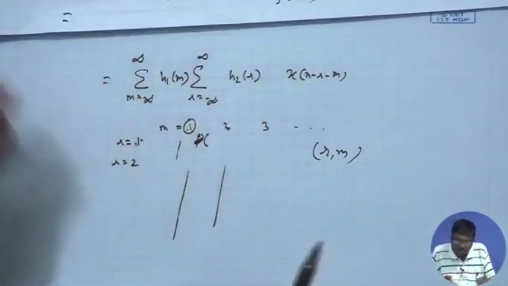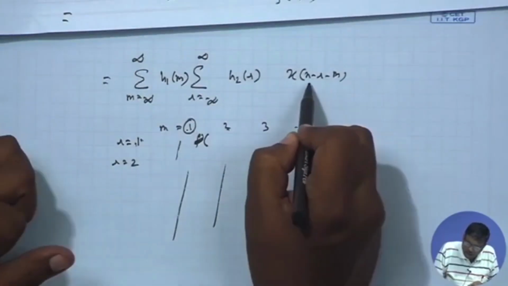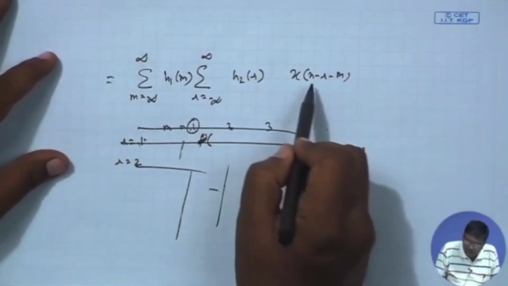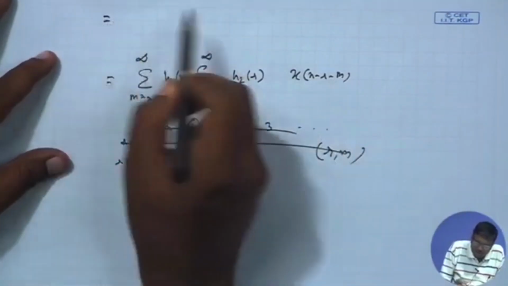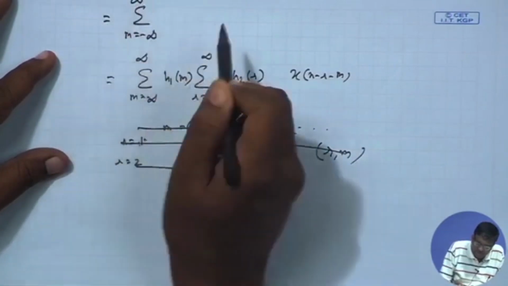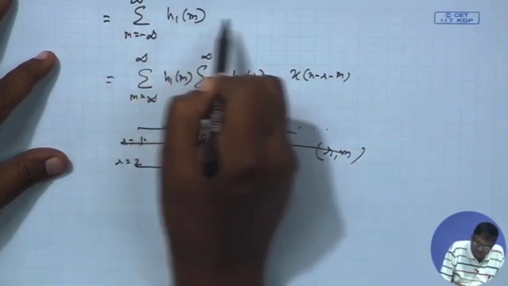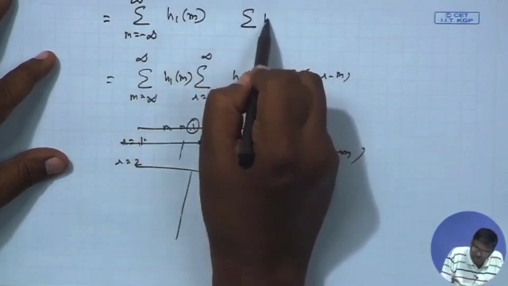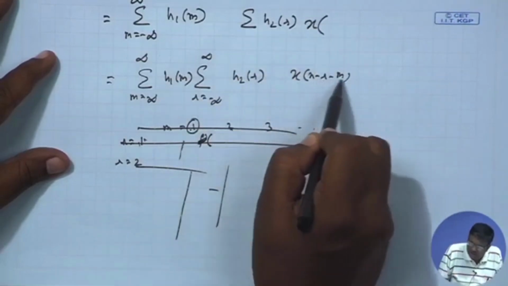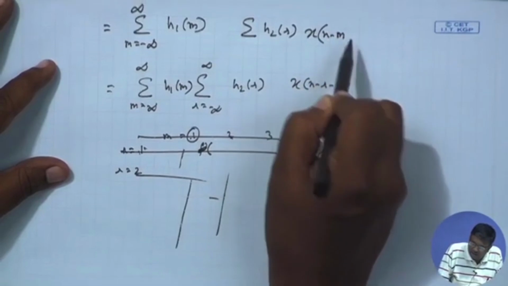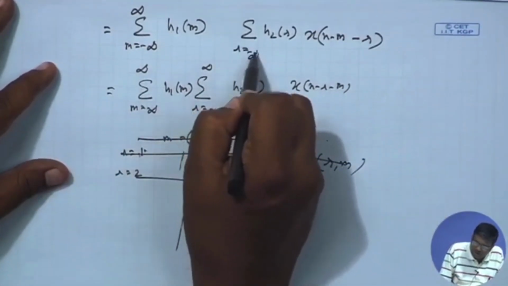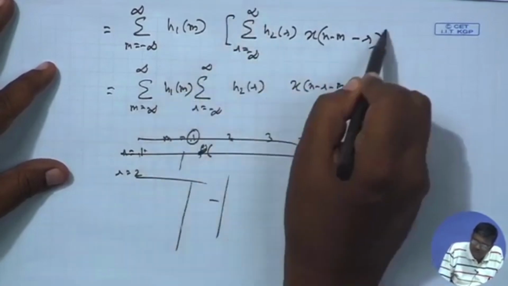And for x of n minus r minus m, I can rewrite it as n minus m minus r, the same thing.